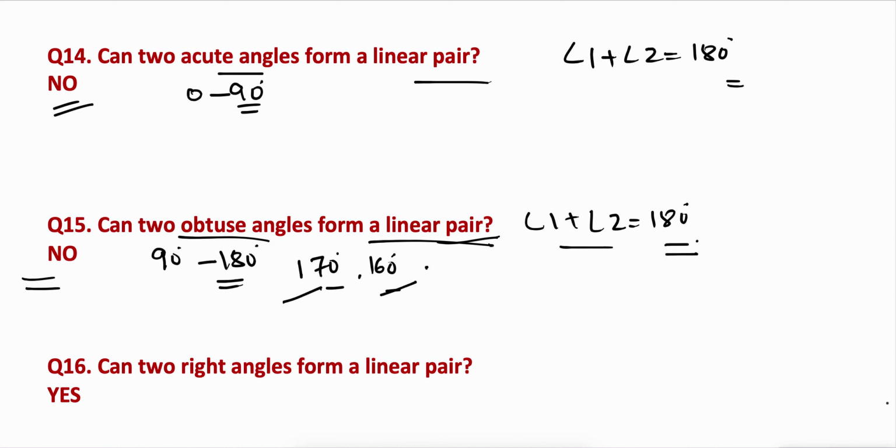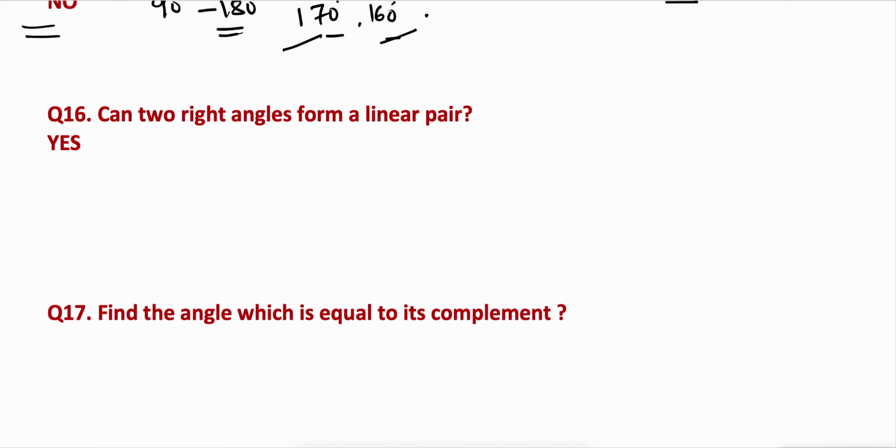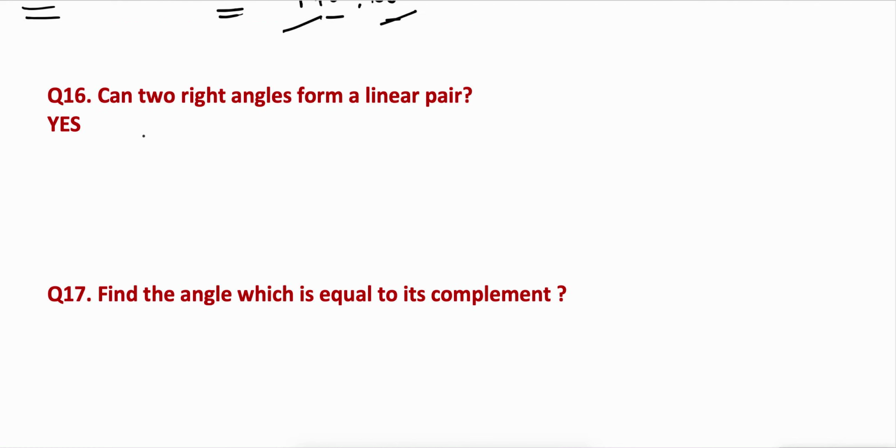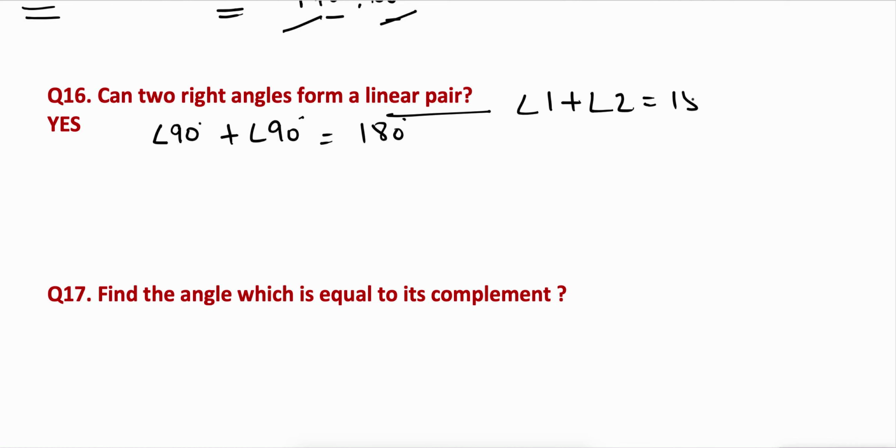Only two right angles can form a linear pair, because each right angle is 90 degrees, their sum is equal to 180 degrees, and for a linear pair also, angle 1 plus angle 2 should be 180 degrees.